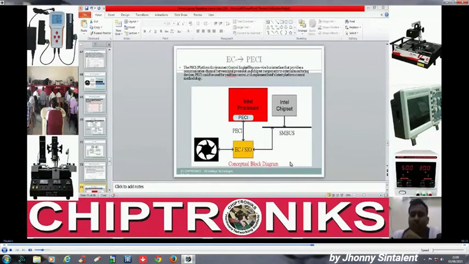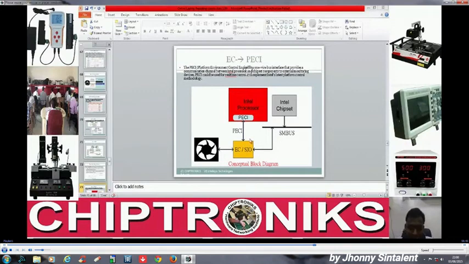What is PECI? PECI stands for Platform Environment Control Interface, and this is a one-wire bus interface that provides a communication channel between the Intel processor and chipset components to external monitoring devices. This is a conceptual block diagram.